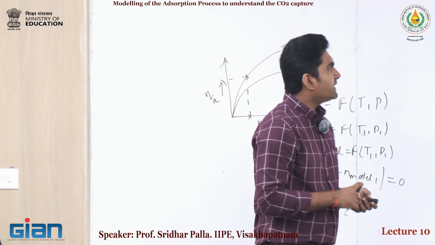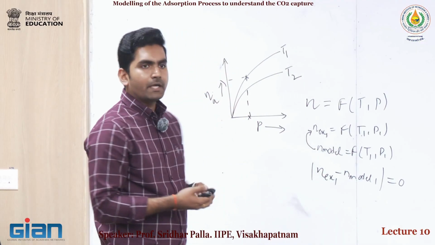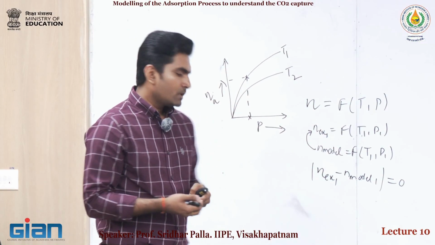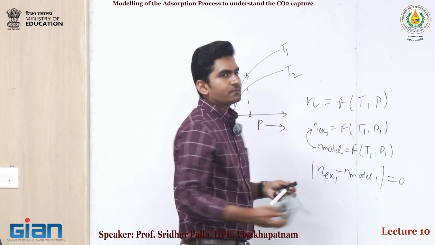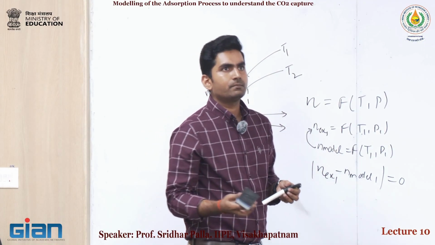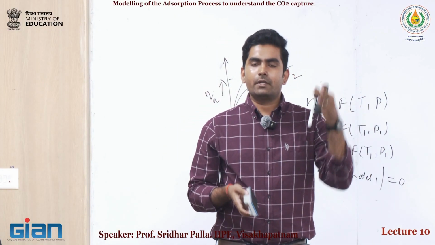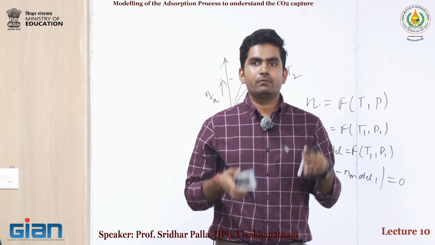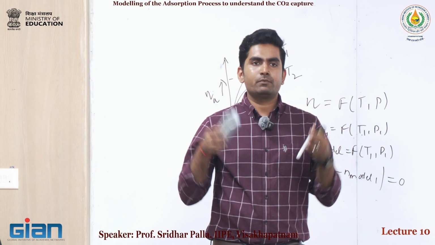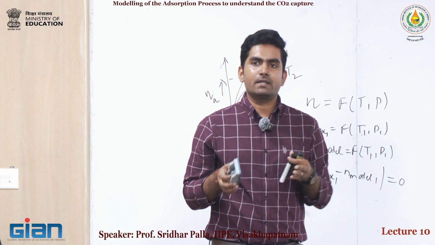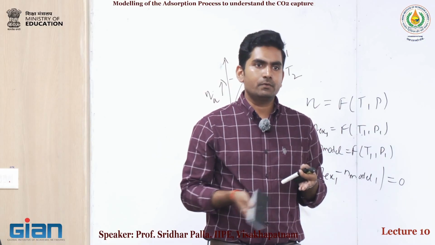So the empirical design of an adsorption column through experiments is very time consuming and expensive. Initially we can do some basic calculations for design. If we assume some length of the column and the diameter of the column, and pick the size of the adsorbent that we are packing, based on those calculations we will find what is the purity of CO2 that is coming out.